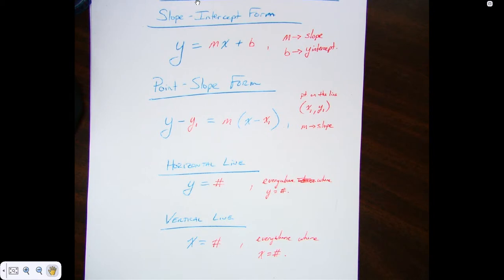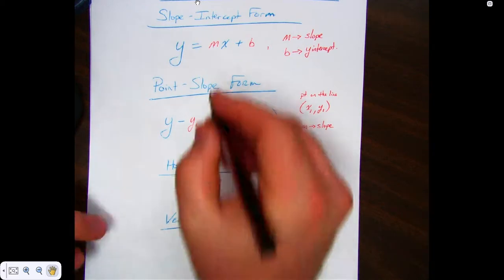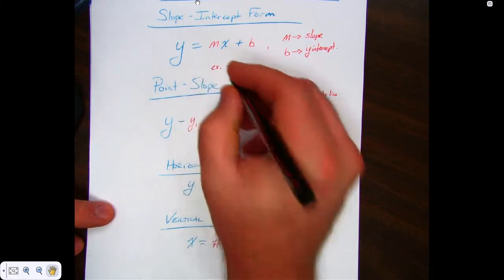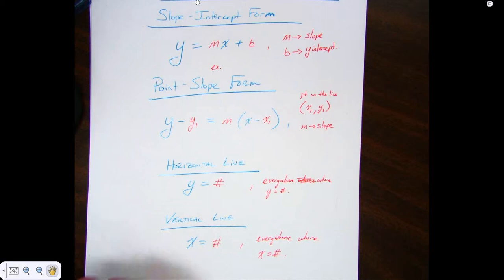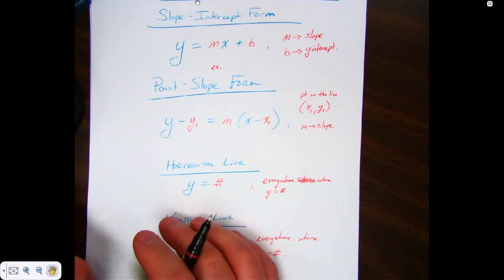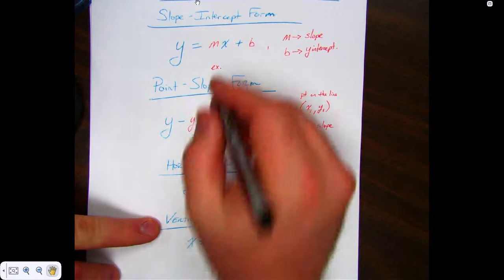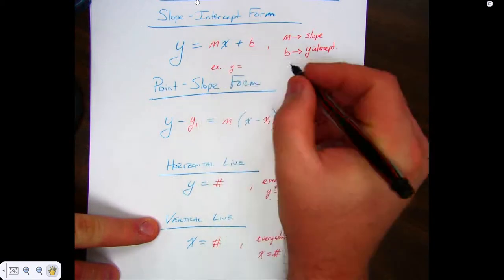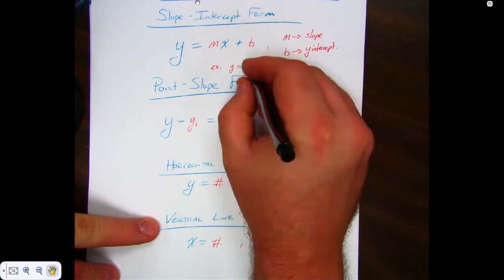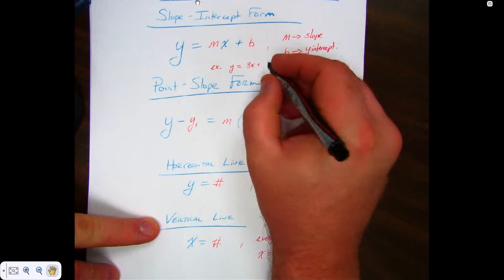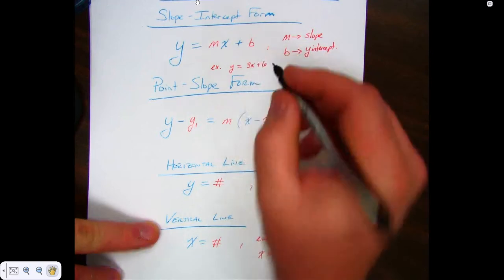Now, can someone give me an example of something in slope-intercept form? Give me an example of an equation in slope-intercept form. y equals 3x plus 6.